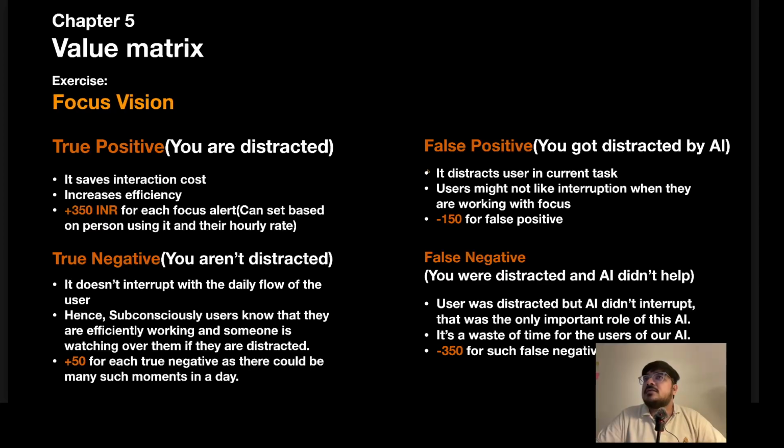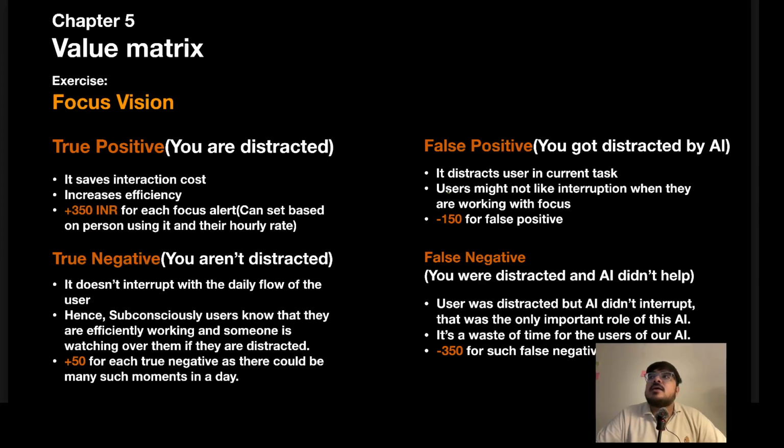There could be a third scenario, false positive. Maybe you are working on something, your heart rate is up, and there was an assumption from our end that if you are distracted or thinking and not doing any physical activity, we want you to reset your focus at that point in time.